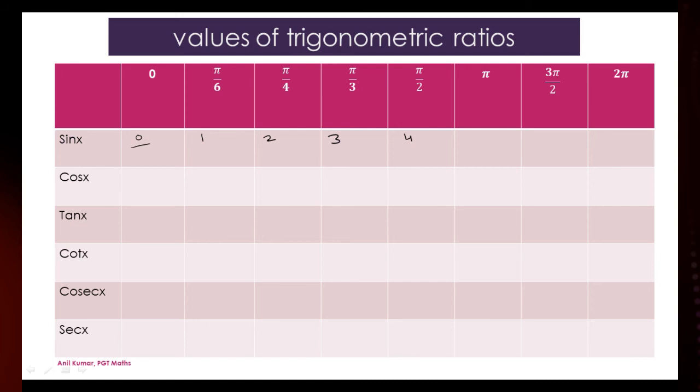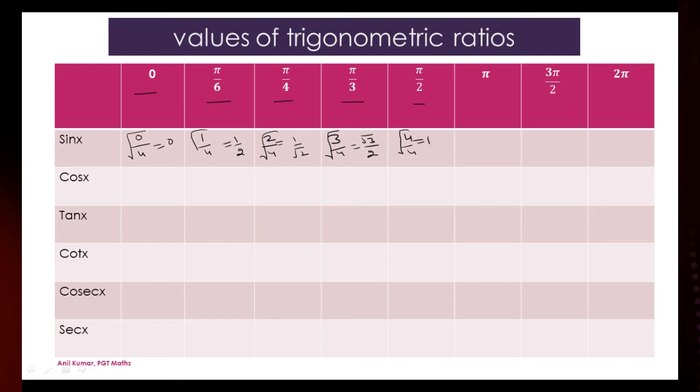So it will be 0 by 4, 1 by 4, 2 by 4, 3 by 4 and 4 by 4, and take the square root of all the values. We will get the standard values for 0, pi by 6, pi by 4, pi by 3 and pi by 2. So this will be 0, this will be 1 by 2, this will become 1 by root 2, and this is root 3 by 2, and this is equal to 1.